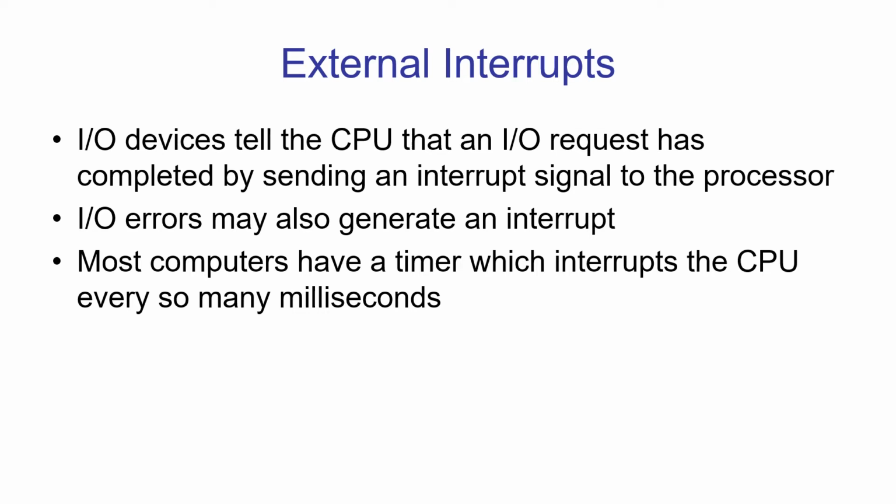If the device gets an error, something doesn't work correctly, it will also interrupt the CPU so that the operating system can try to recover from the error. There's also a timer interrupt, which interrupts on a regular basis so the operating system can get control. This helps make the CPU scheduler work effectively.